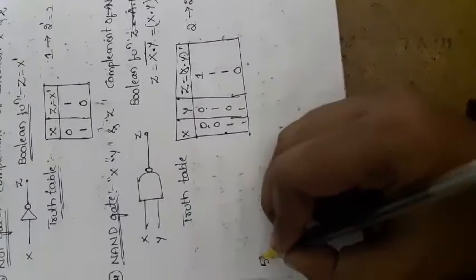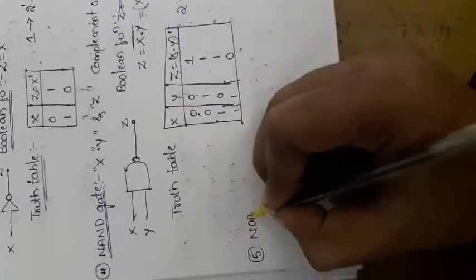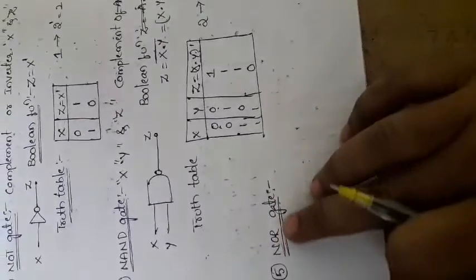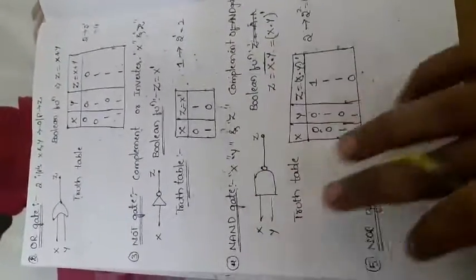So now we'll go for the next one, that is the NOR gate. The N is indicated as the NOT gate, which is a basic gate, and OR is also a basic gate. So this is related to the same idea.